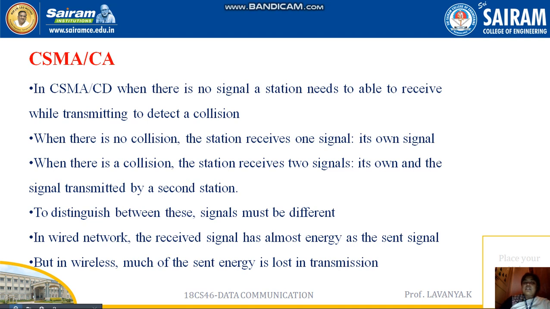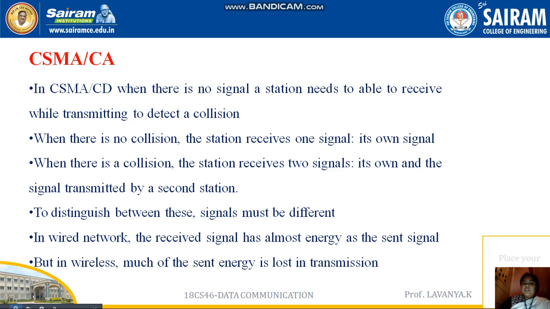If a collision occurs, the station at the receiver side receives two types of signals. The first one is the original signal, as well as whatever the secondary station transmitted, so it accepts that signal too.